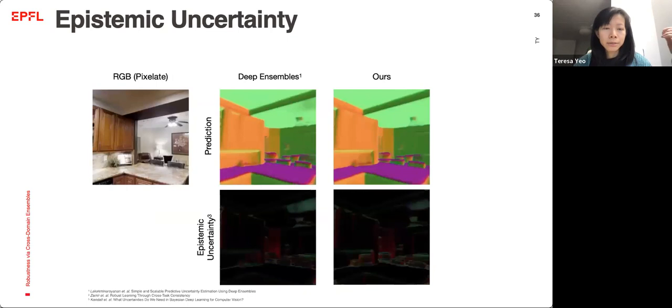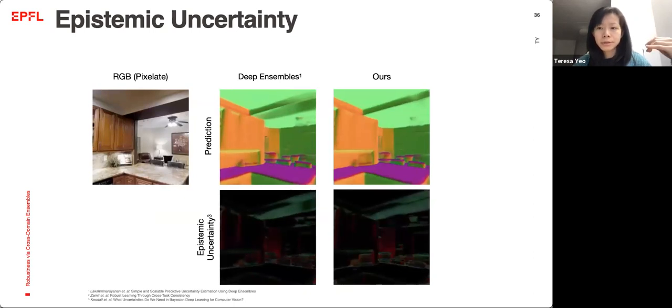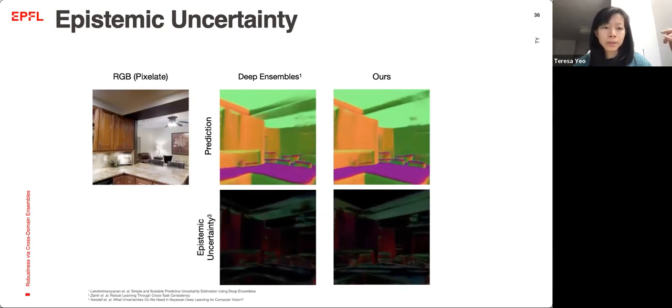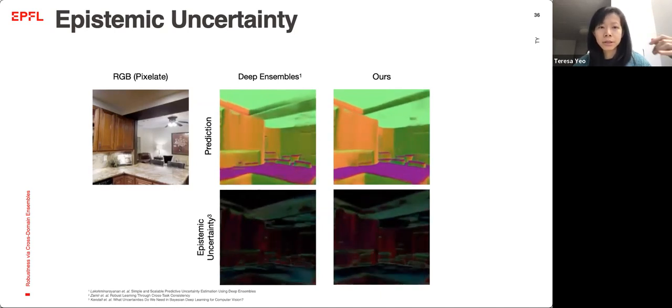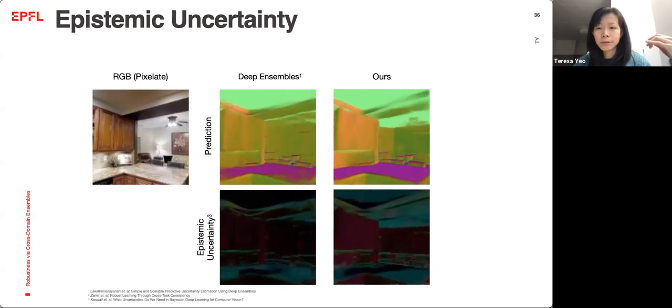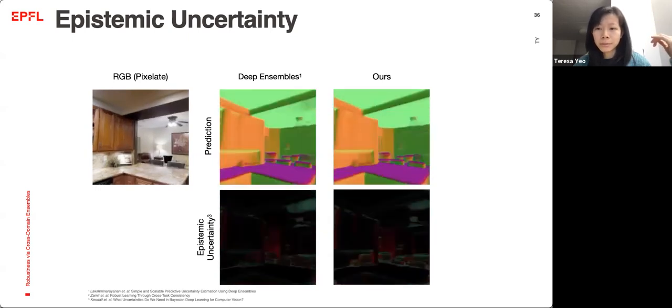We can see an example of this with an image that has been corrupted by increasing pixelation. We have seen how the predictions change. Both deep ensembles and our method are affected by distortion, but our method is more robust. And here we can also see how the epistemic uncertainty changes.